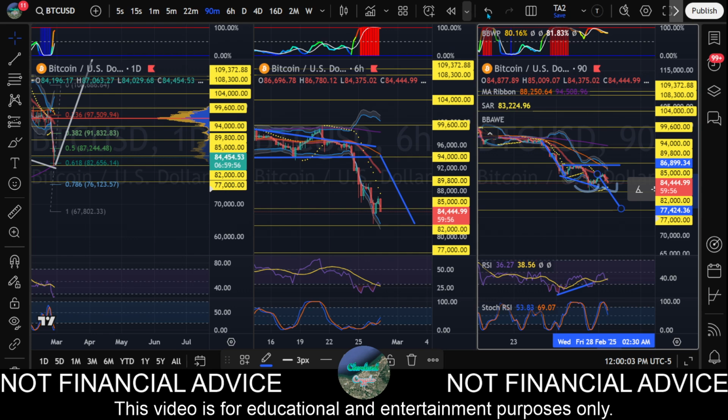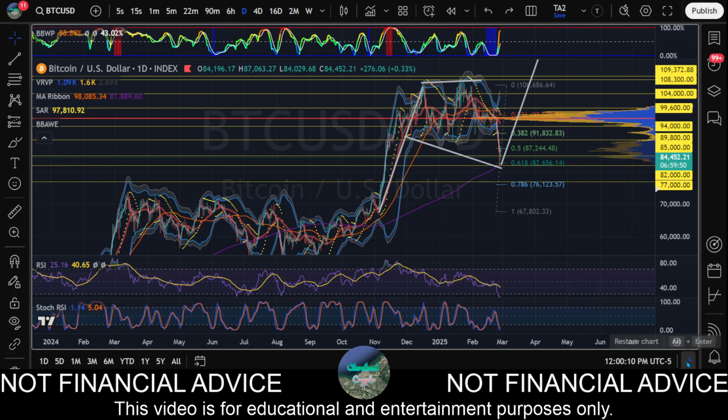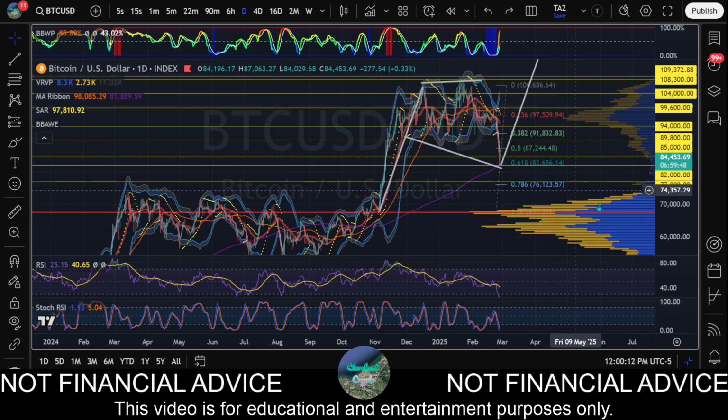But regardless, back to the daily real quick. With that gap there, we got to be real careful. That's why I was taking profits off some of those alts, because with this gap here, we got to be real careful. Because we could fall all the way down to as low as like 73.5 here. That's where liquidity really starts coming back in, down here around 73.